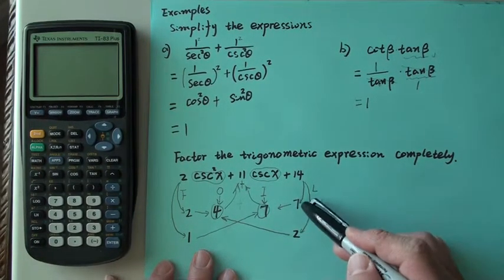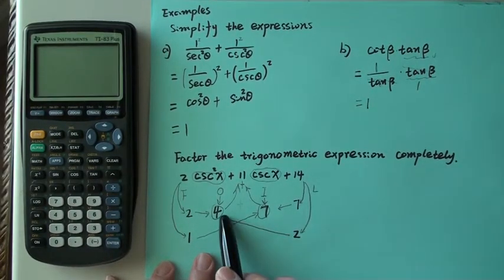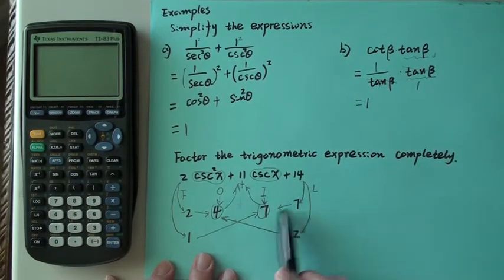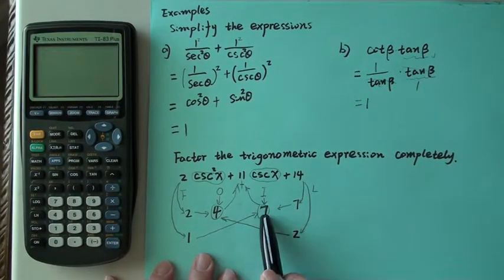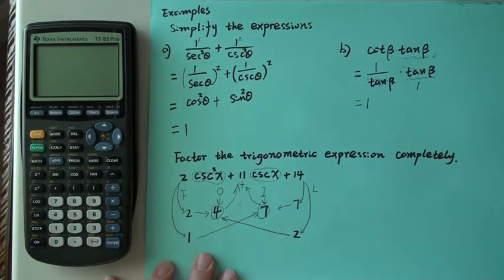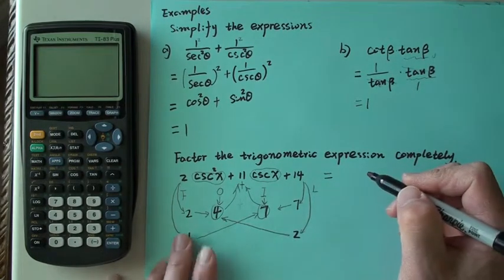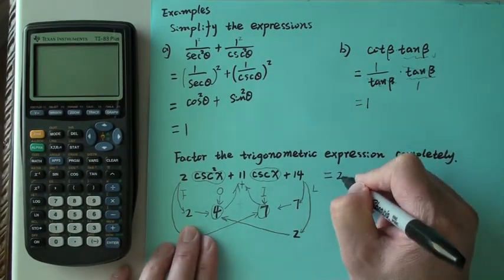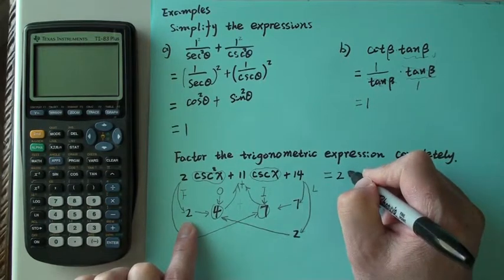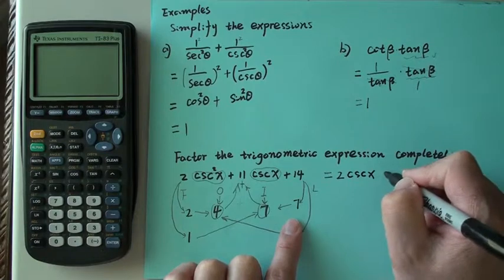When you break up 2 and 14 in this way, if the outer product and inner product can be added together and equal to the sum here, then you did right. Okay? So then we can basically factor this out, which will be 2 cosecant x plus 7.